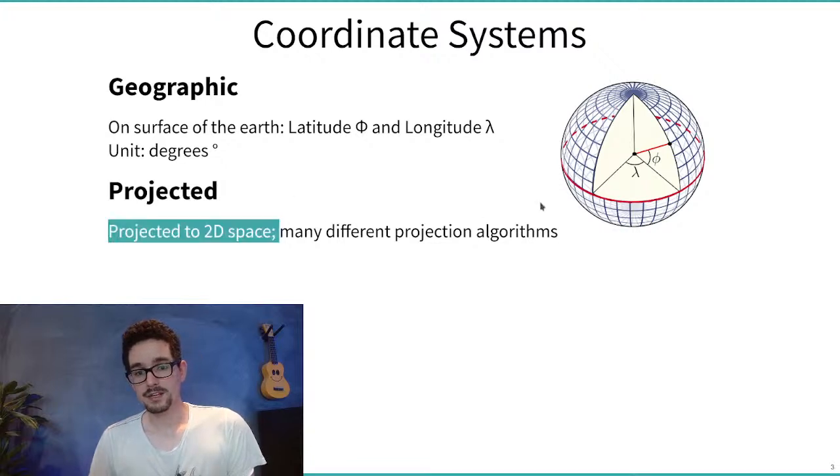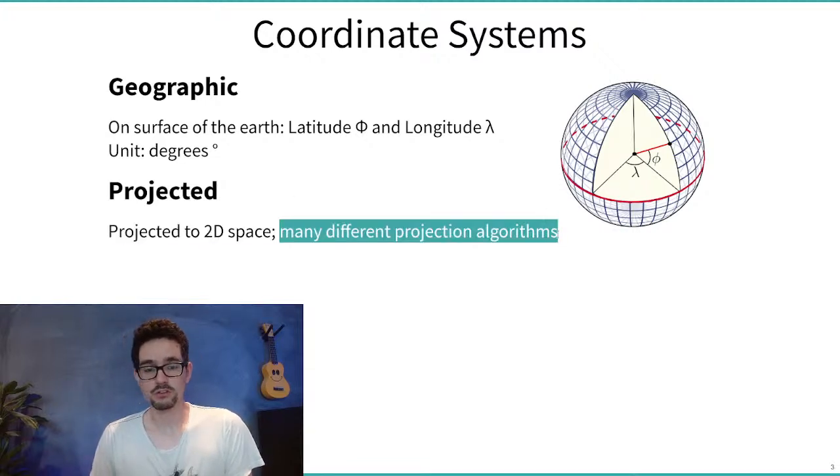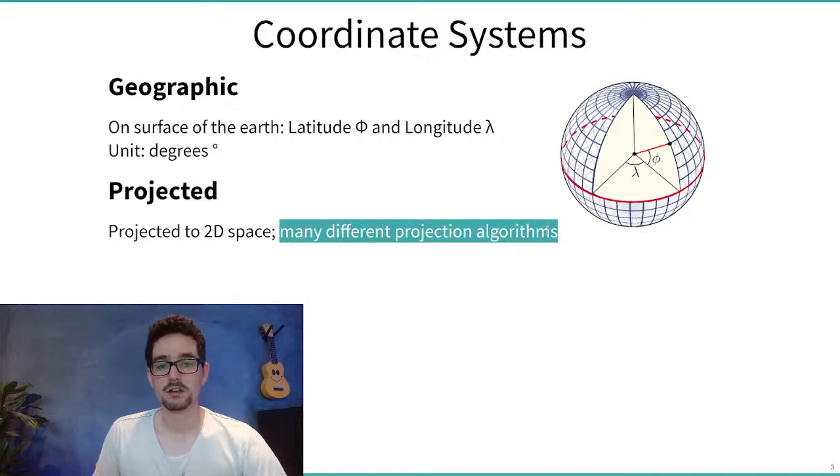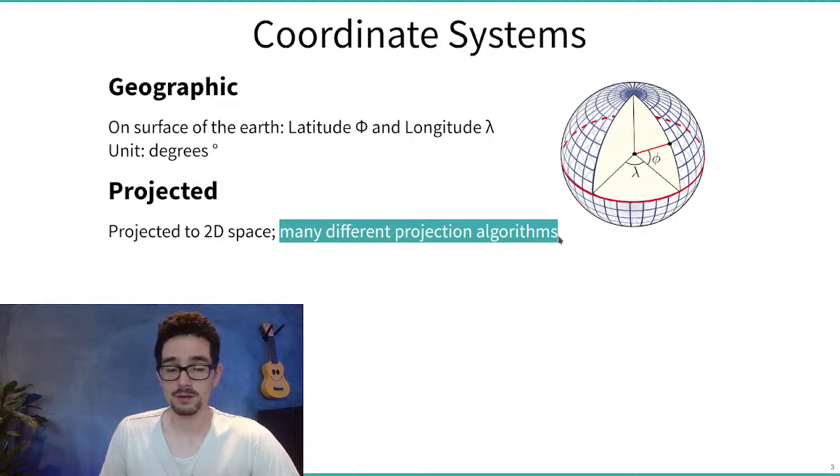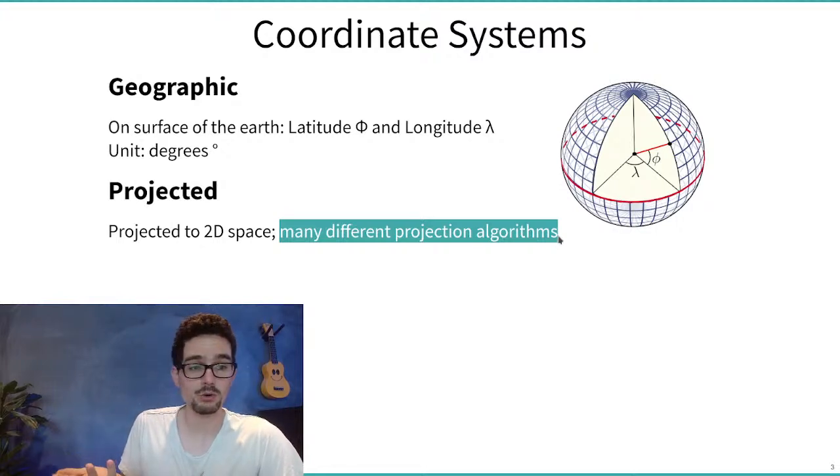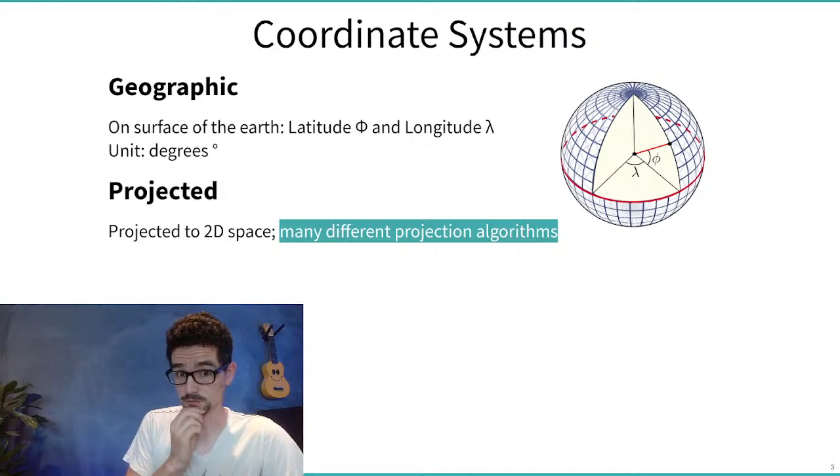There are many different projection algorithms, not just one, because one algorithm can be good for a very local area. So for example, there's one algorithm which maps the GPS positions within West Germany or East Germany into a map, and then we have a good possibility to make distance computations and so on.